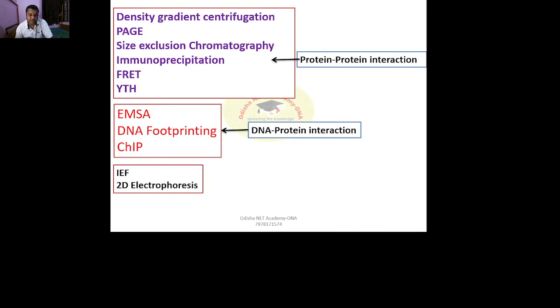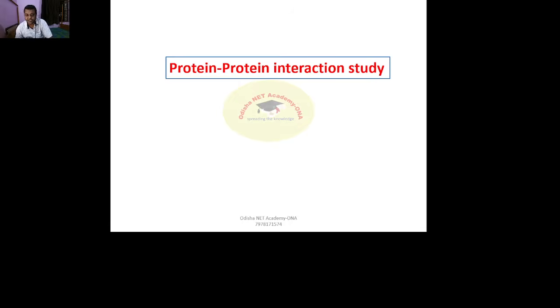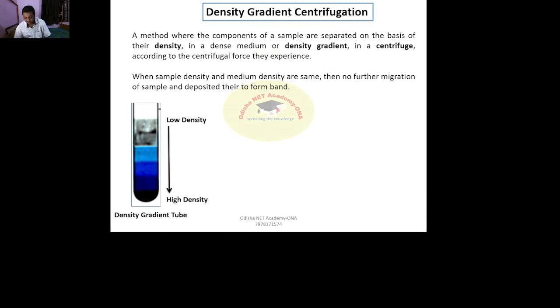And we also discuss in this technique 1 IEF, isoelectric focusing, and 2D electrophoresis. So first come to density gradient centrifugation. What is the principle behind that, and how can you detect whether these two proteins are interacting or not?